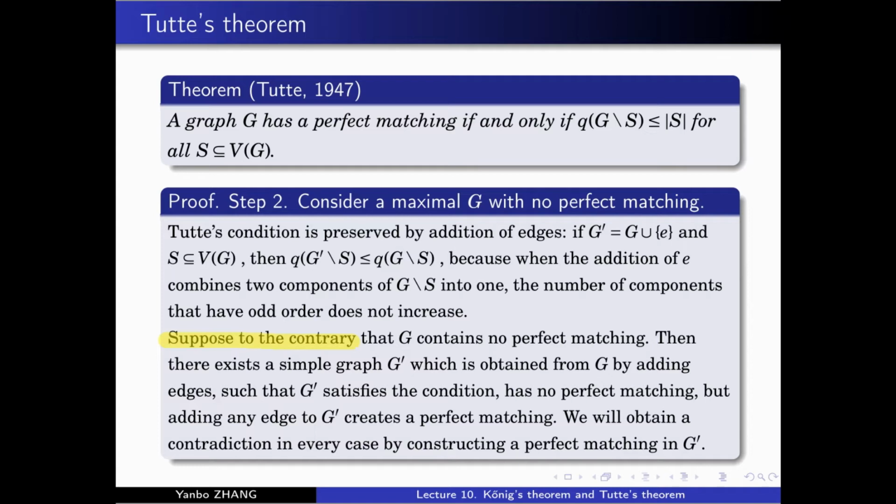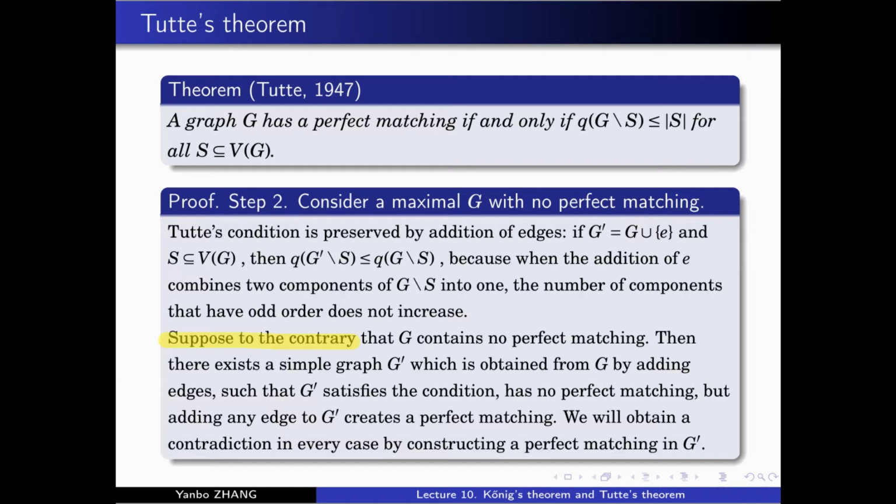If we go on adding one edge to G', the new graph has no perfect matching. Then we add the edge to create a new graph G''. We can continue this procedure to get a new graph until adding any edge to this new graph will create a perfect matching. Then we stop.